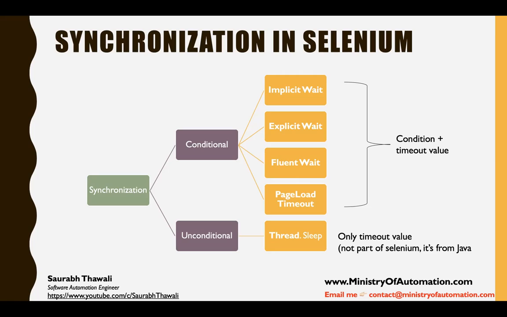Fluent wait, yes, in certain special applications, you will also use fluent wait. And I'm not saying that you should use only explicit wait or only implicit wait or only fluent wait. I'll tell you the differences, and you will automatically understand that you have to smartly use a combination of all these waits in your script, and not just one strategy.